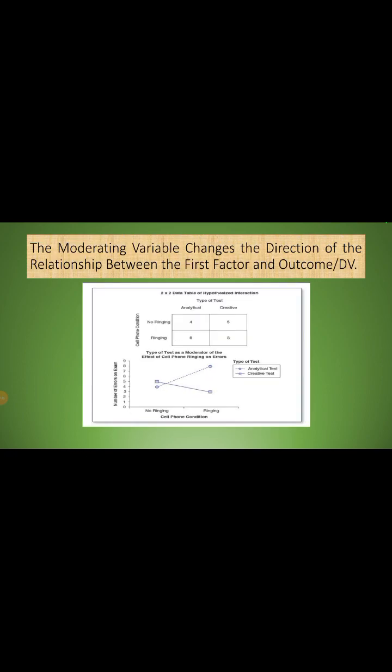And the last one, the moderating variable changes the direction of the relationship between the first factor and the outcome. In the first, the moderator strengthens the relationship between the first factor and the outcome, as you can see on the picture here. In the second, the relationship is only present at one level of the moderator. And in the last, the moderating variable changes the direction of the relationship between the first factor and the outcome, which is the dependent variable.